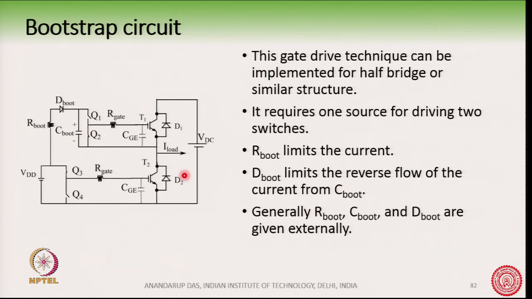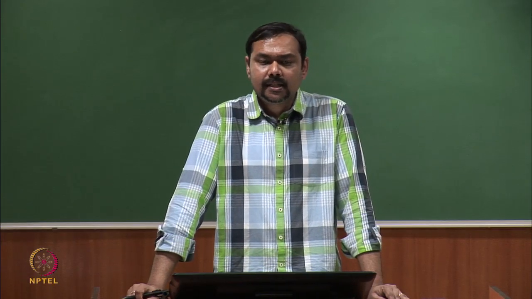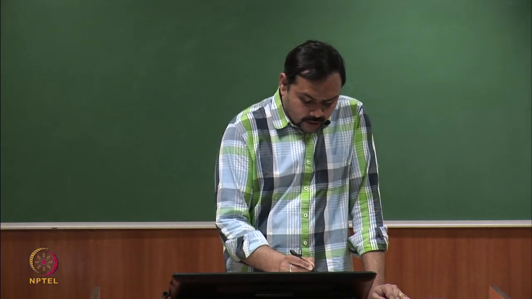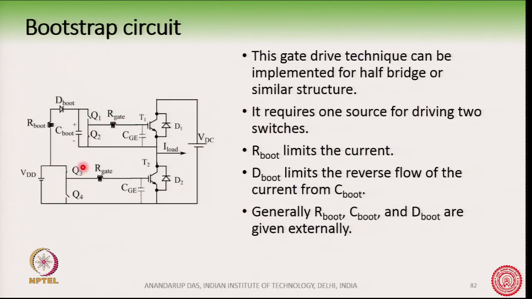The bootstrap basically requires this R boot, D boot and C boot externally, because nowadays the gate driver ICs come along with this bootstrap functionality. Q1, Q2, Q3, Q4 are also part of the gate driver circuit, inside the IC.